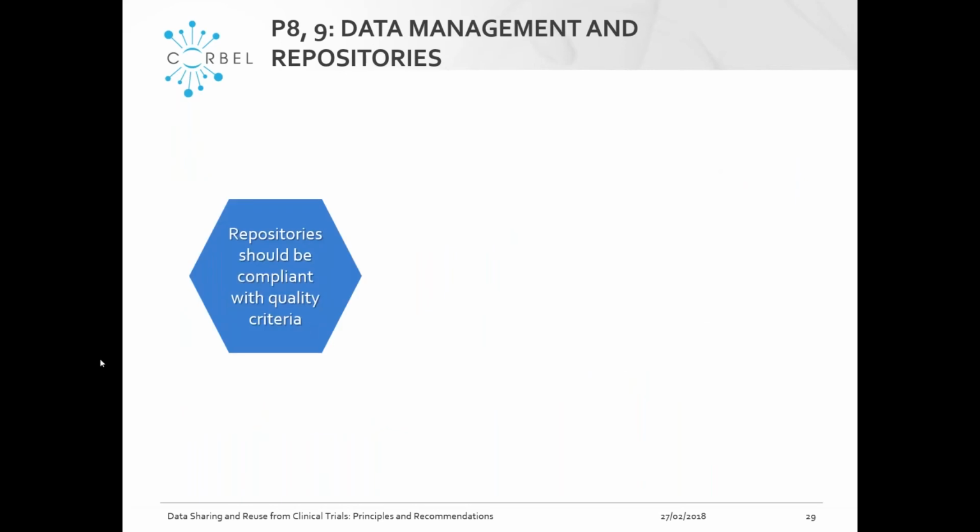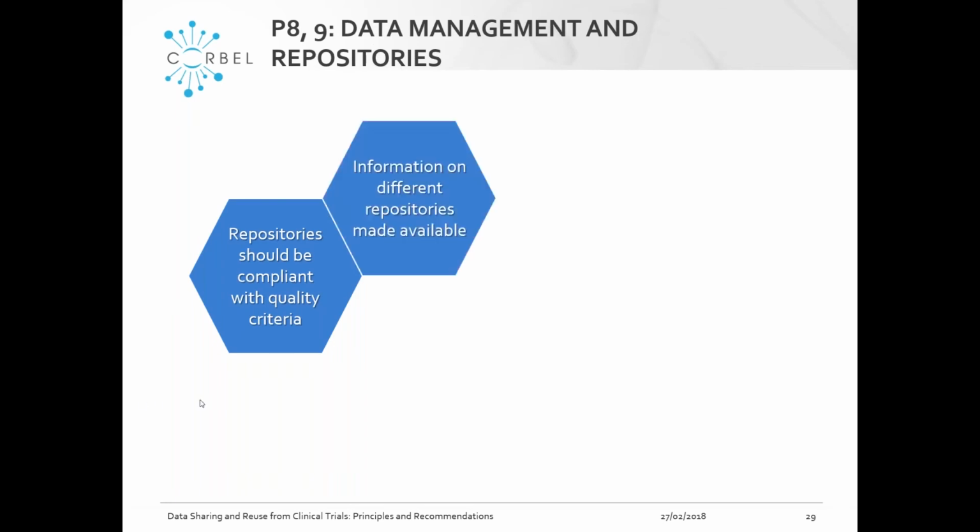So the repositories used need to have certain features and processes in place, particularly when talking about sensitive data that's not simply publicly available. And that means defining what those features are and then checking that the repositories meet them.